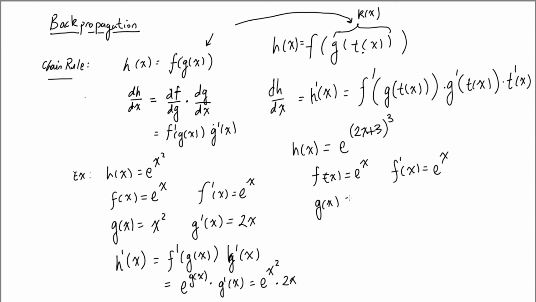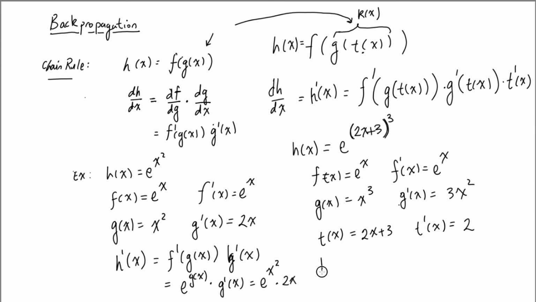We have g of x as the second function in the hierarchy. You could look at it as this thing to the power of 3, so x cubed. Then g prime is 3x squared. And finally, t of x is 2x plus 3, so t prime of x is just 2.